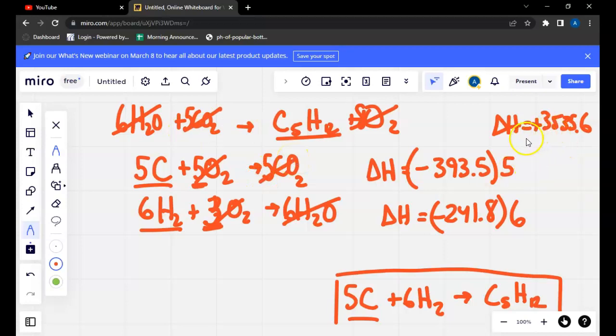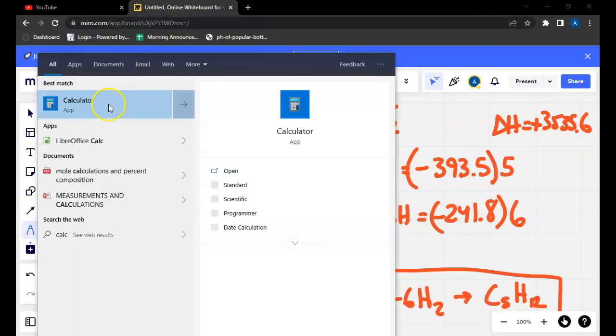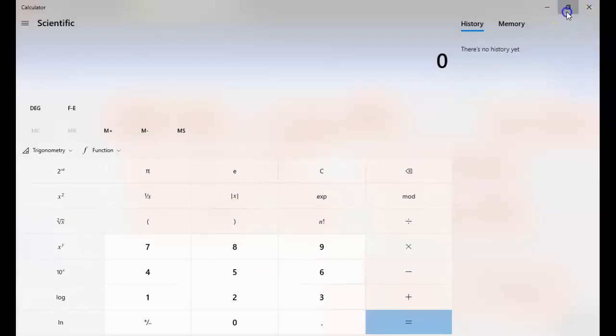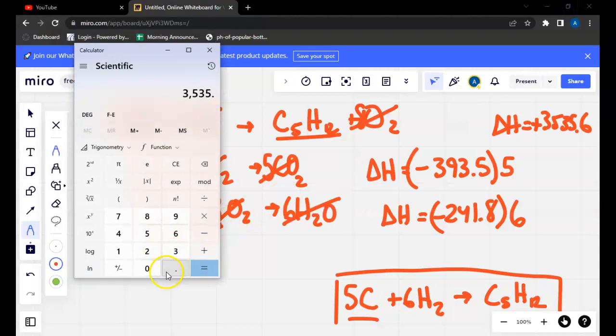And what I can do is I can add all those delta H's together. 35.6, and that's positive, plus negative 393.5 times 5, and then plus negative 241.8 times 6.